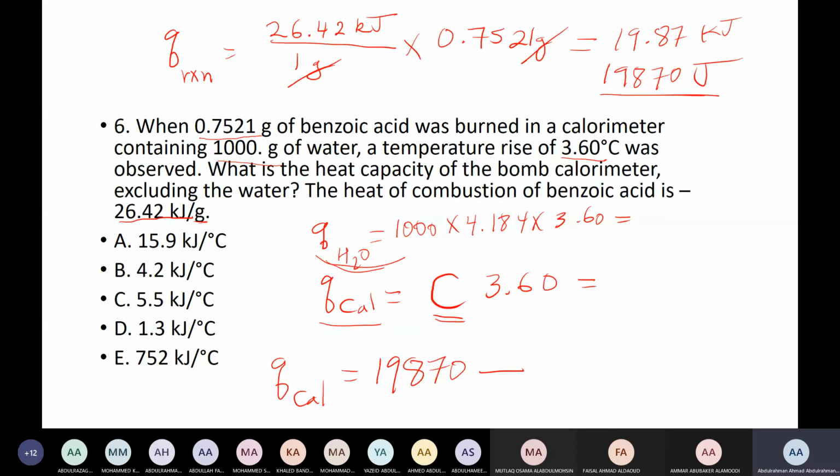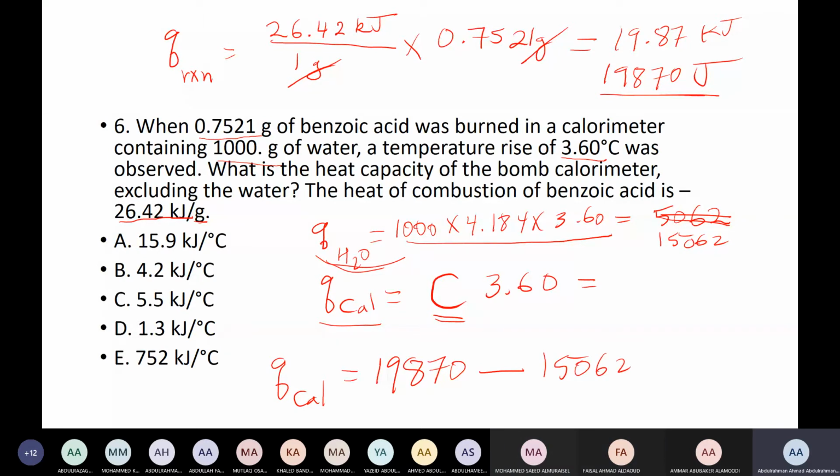Here's the answer. 15,062. You agree? Somebody got the same answer? Yes. So 15,062.